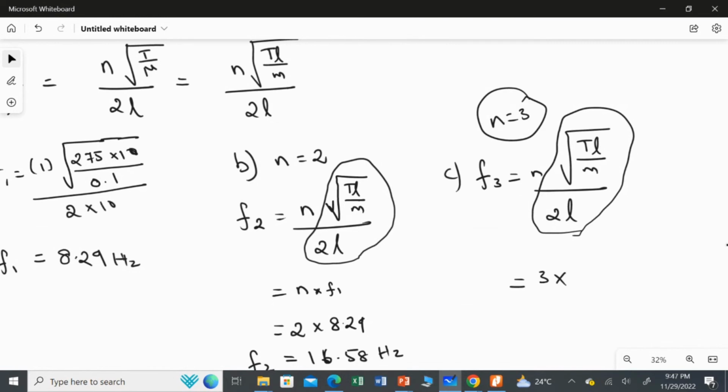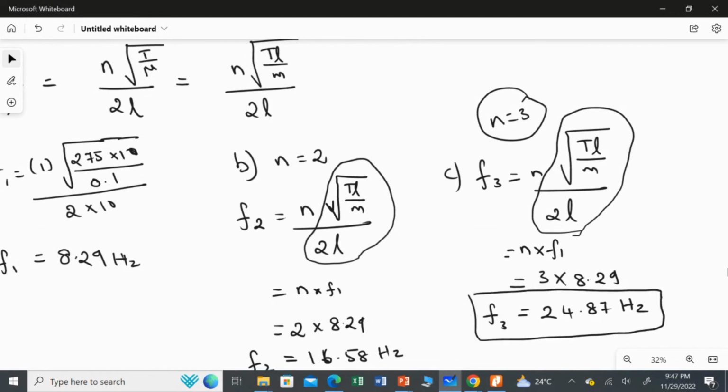So I can directly write n multiplied by f1, where n is 3 and f1 is 8.29. So 8.29 multiplied by 3 is 24.87, and the unit is hertz. So this is the value for f3.